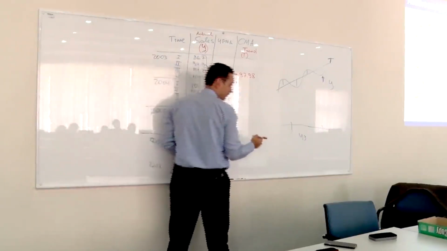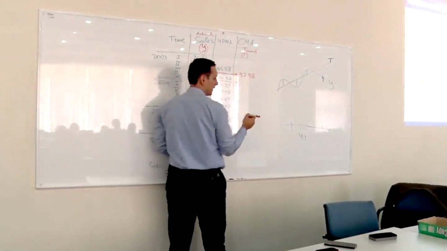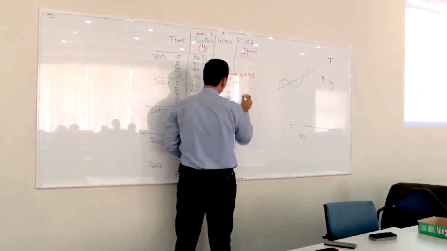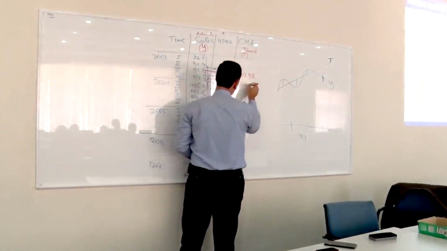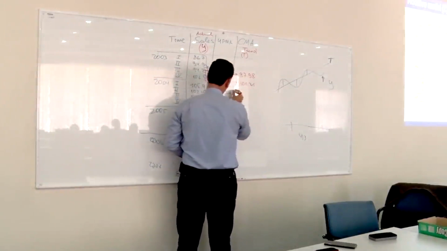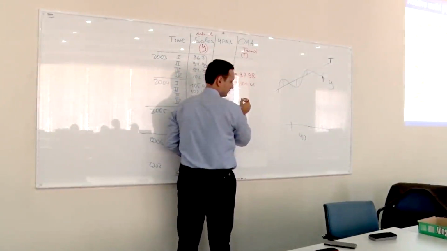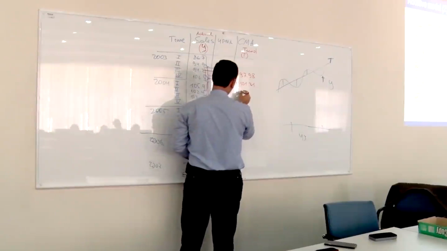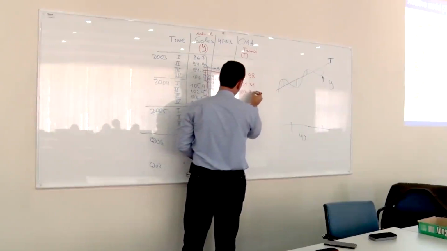And I will just copy the numbers that were calculated earlier. That is 101.31. The next one is 103.37.